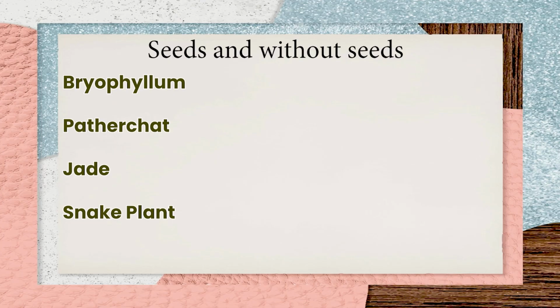Still some plants grow by sowing leaves. For example, bryophyllum, commonly called patthar chat in Hindi, jade and snake plant.